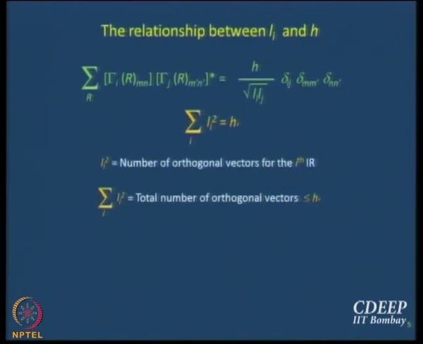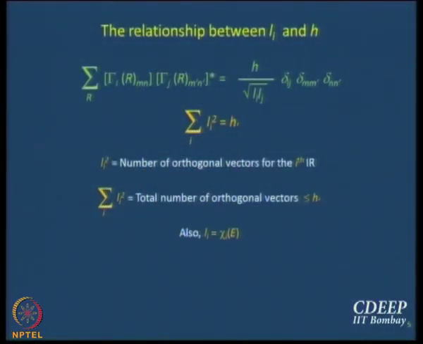And from the property of orthogonal vectors, it is not very difficult to show that that total number has to be less than or equal to H. So H is really the upper bound on sum over I Li square, but in this case we can show that sum over I Li square is equal to H. The inequality is actually an equality here. We will come back to the derivation after midsem.